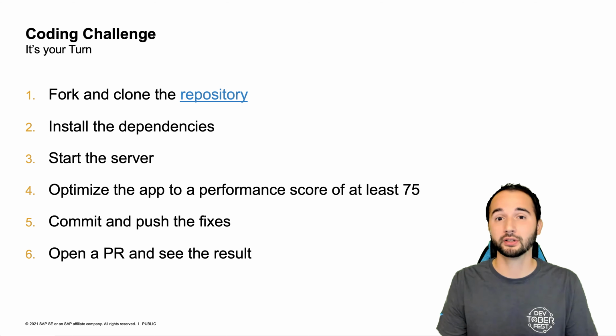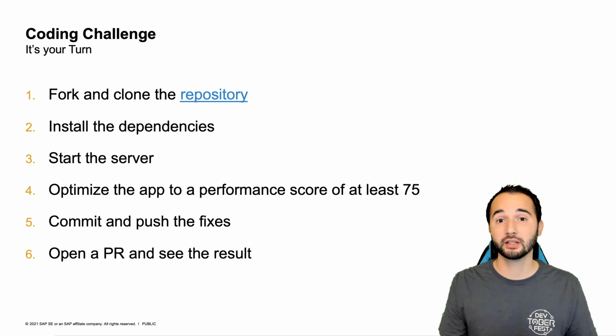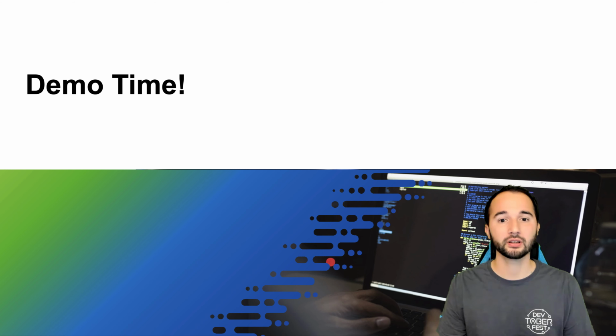If you are happy with the performance and it's above 75, it only has to be above 75, there are no extra points, but obviously the more the better, commit your changes, push them, make sure the changes are available on GitHub Pages, and then open a pull request and it will automatically rate your application. But let's have a look at this flow in a demo so that you can see how this might work.